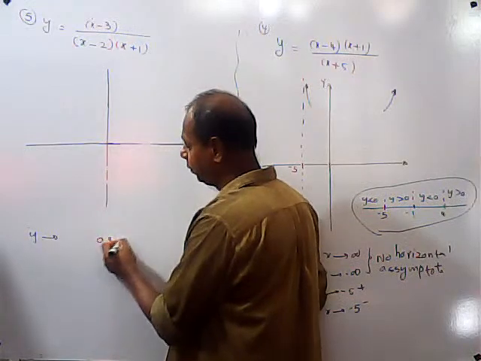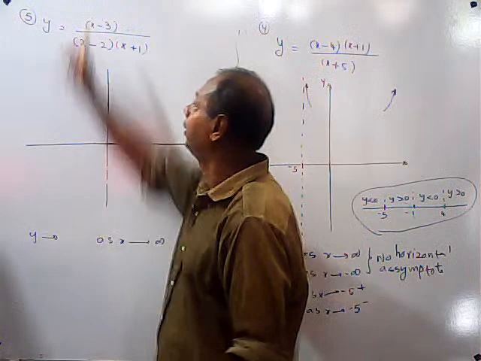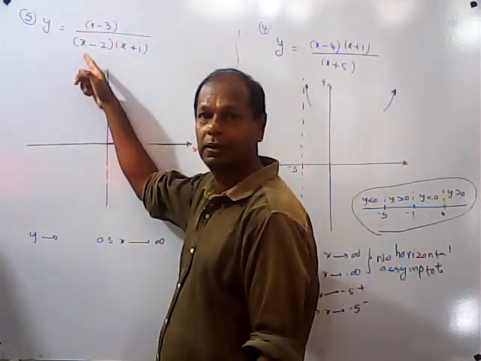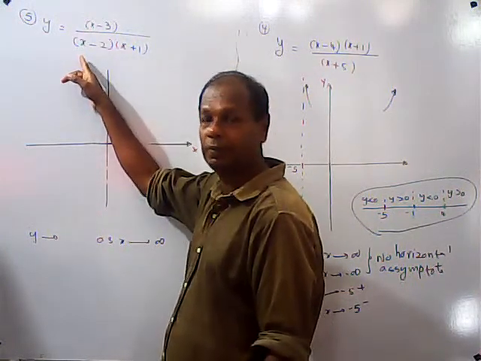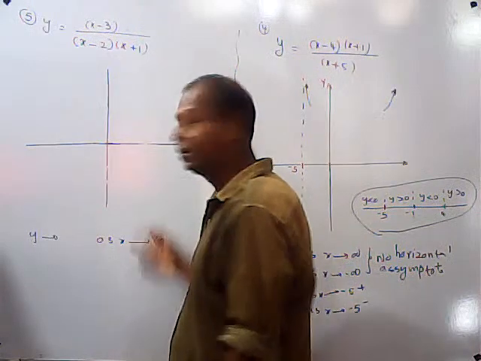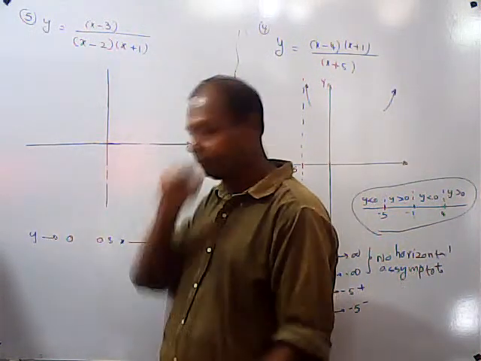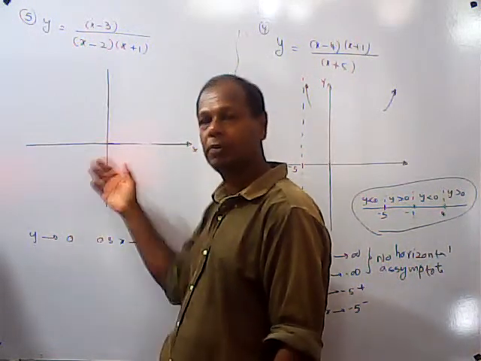As x goes to positive infinity, we see that the numerator is x, the denominator x squared, x over x squared. x gets cancelled, we get 1 over x, right? So as x goes to infinity, y goes to 0. When it's going to 0, you can easily check whether from above or below.